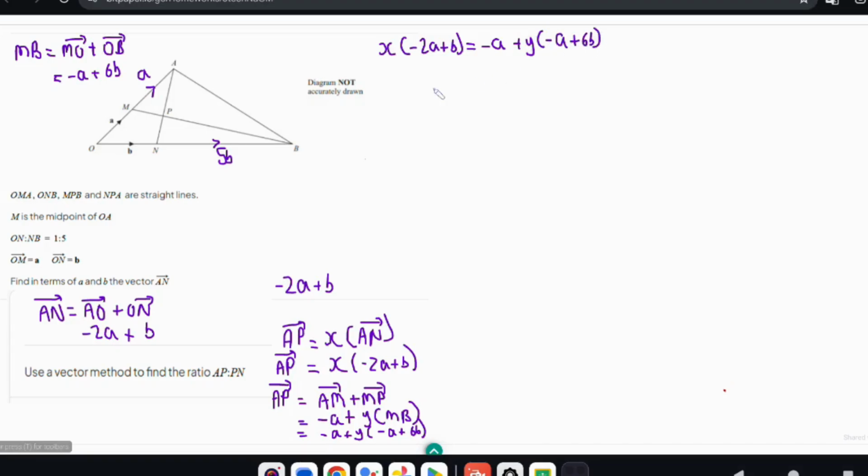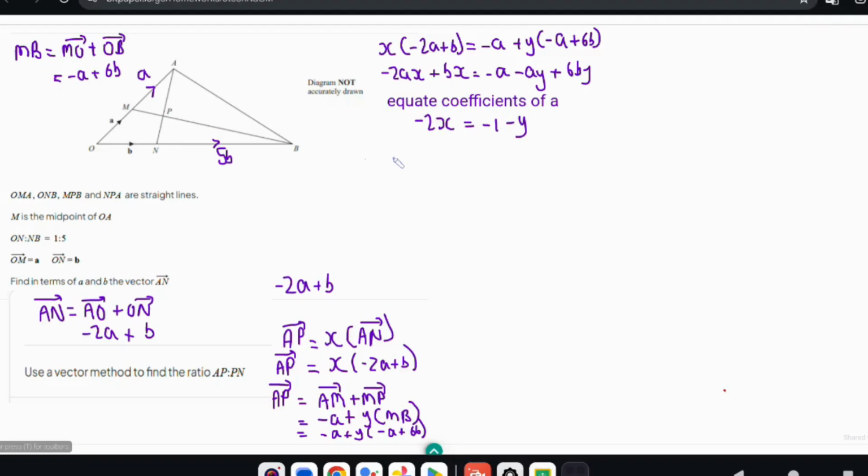I'm going to expand the brackets. I'm going to equate coefficients of a. Minus 2x equals minus 1, because we've got minus 1a here, minus y.